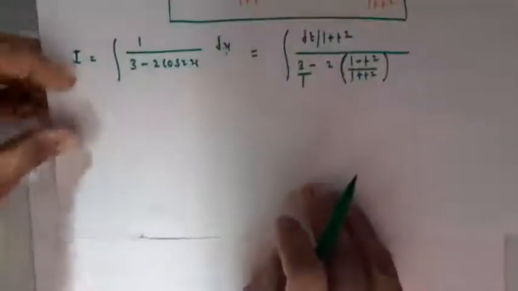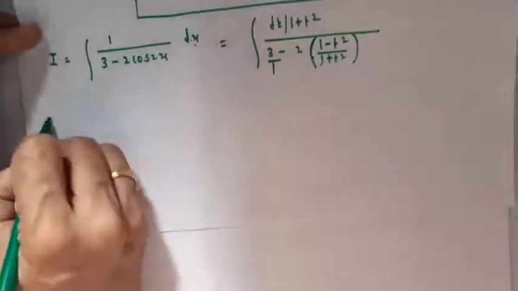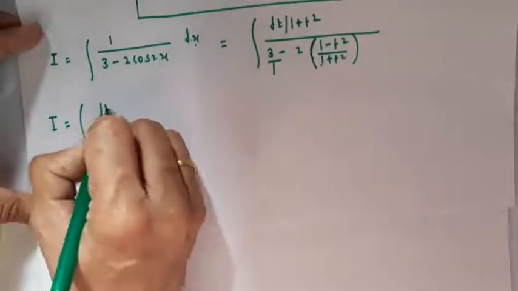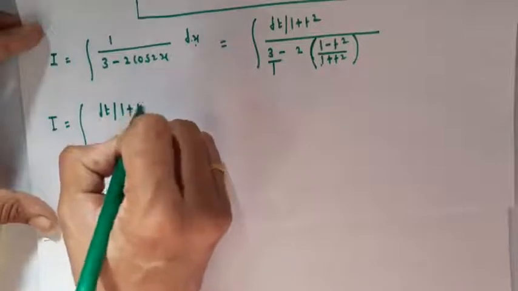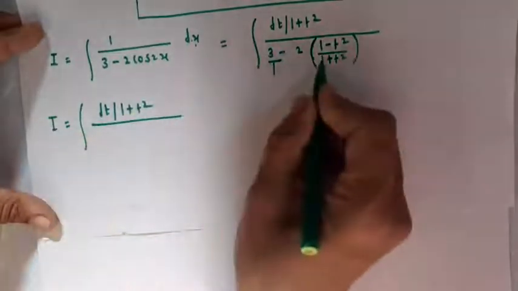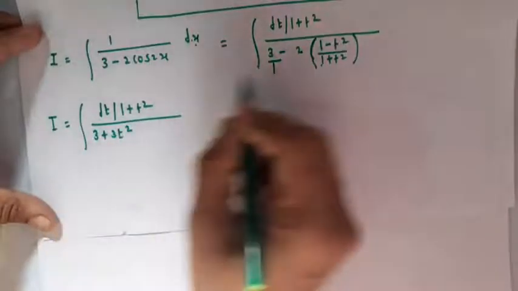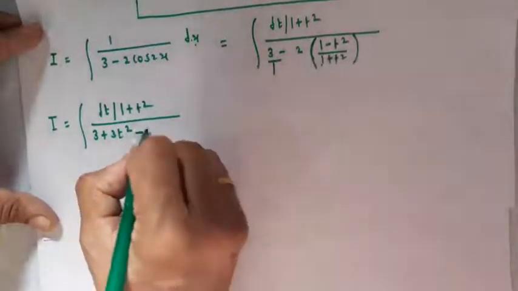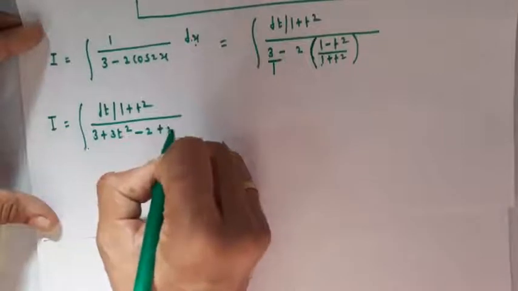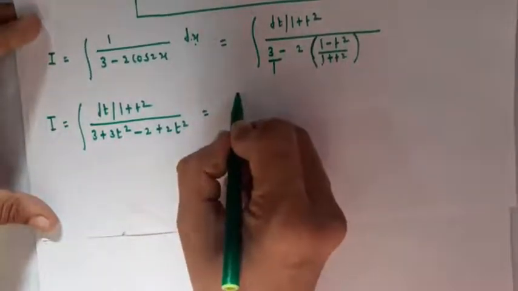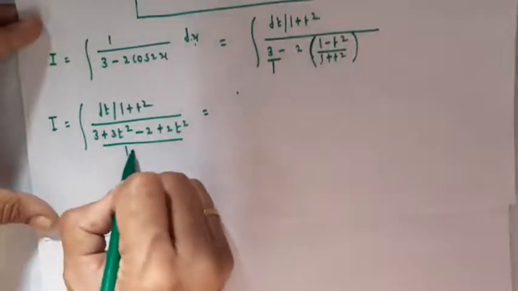LCM is 1 plus t square, and hence integration I equals dt upon 1 plus t square divided by 3 into 1, that is 3 plus 3t square, minus 2 plus 2t square, upon 1 plus t square.